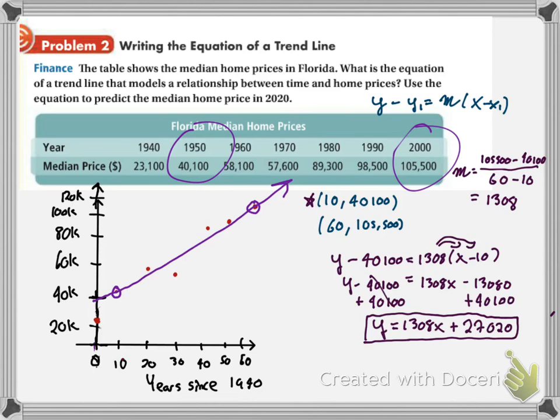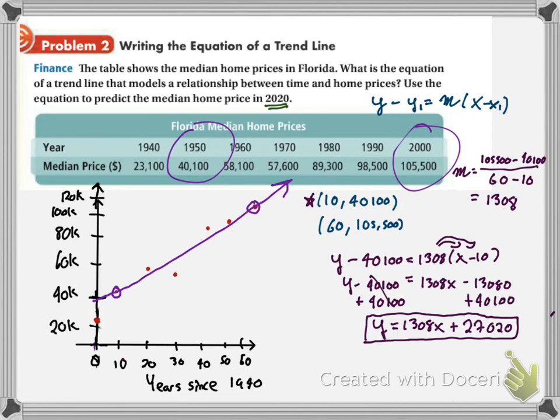From here, our last step is, using this trend line, what can we predict the average home price to be in 2020? So all we have to do is find out how many years past 1940 is 2020, plug that in for x, and we'll have our answer.